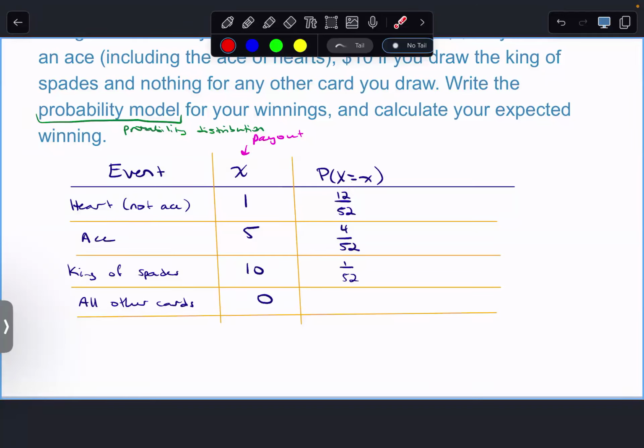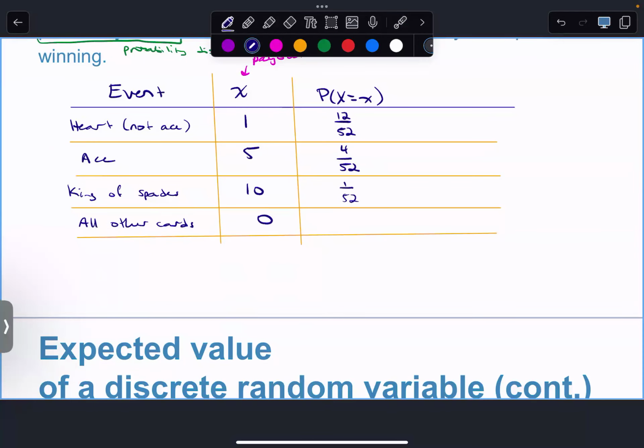And so that's probably how I would do this, instead of trying to think of all the other cards. 52 minus 1 minus 4 minus 12 is 35 over 52.